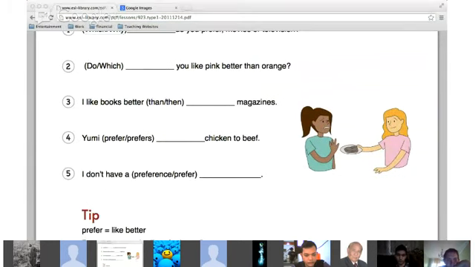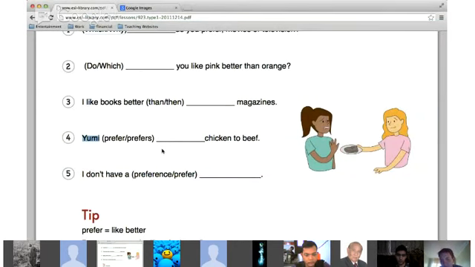This is for Alberto. Yumi prefers chicken to beef, with an S. And why did you choose the one with an S? Because it's the third person singular. Excellent. Yes, Yumi is third person in singular. Very good.